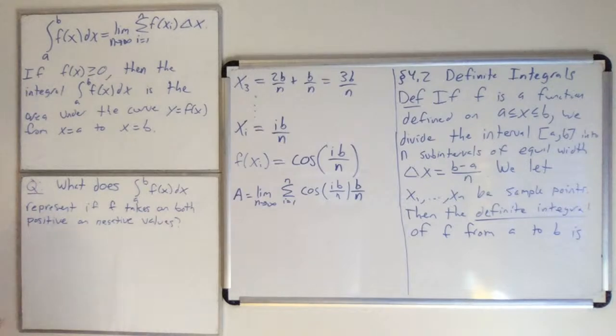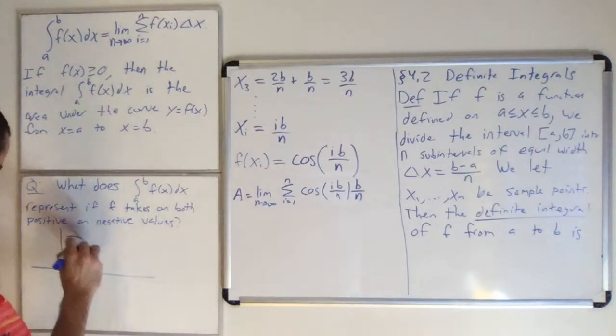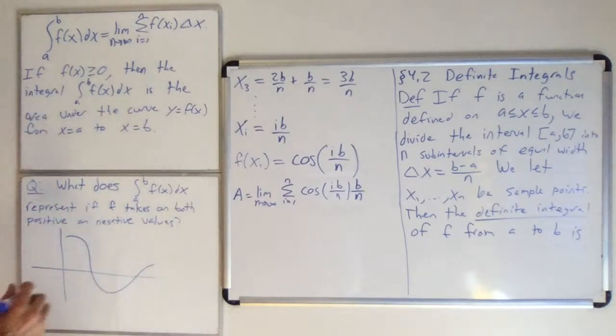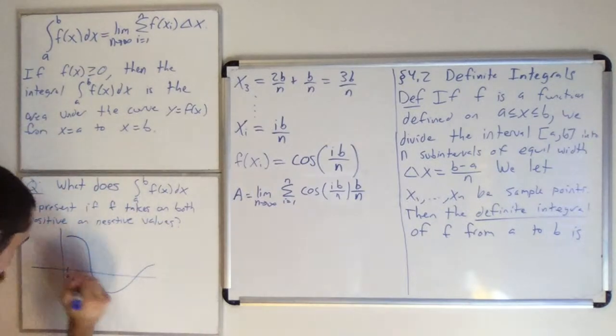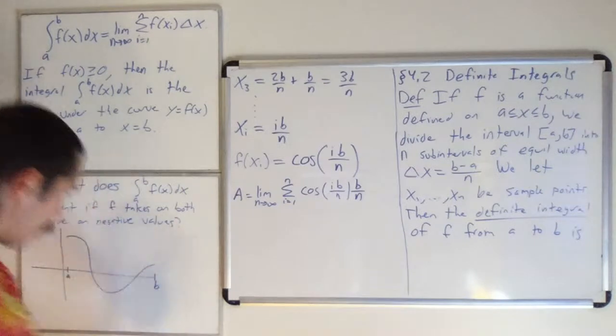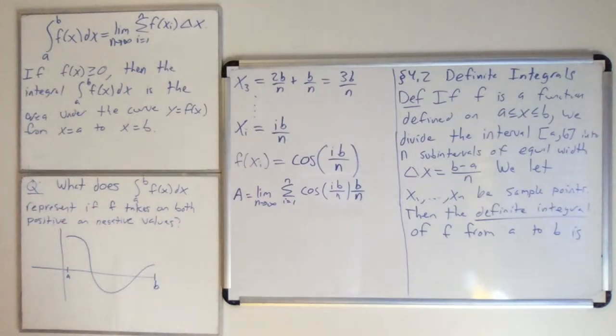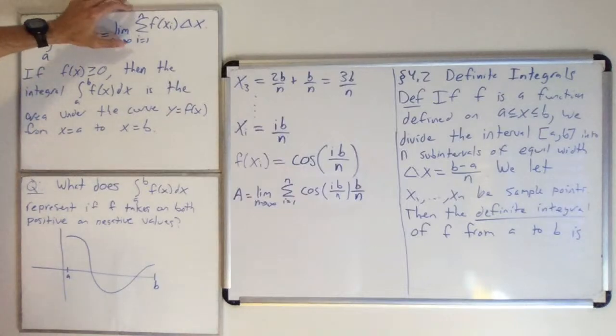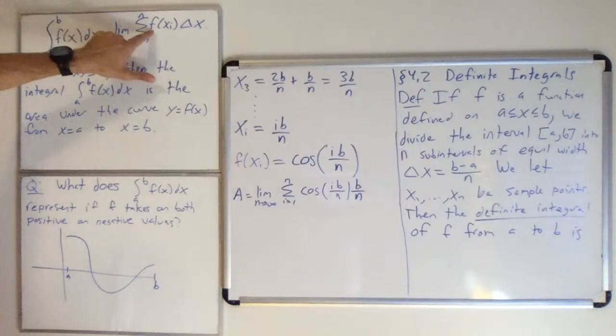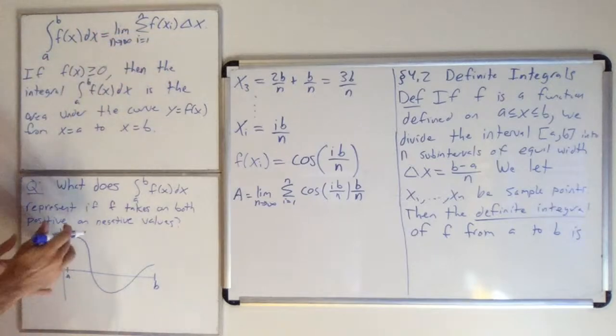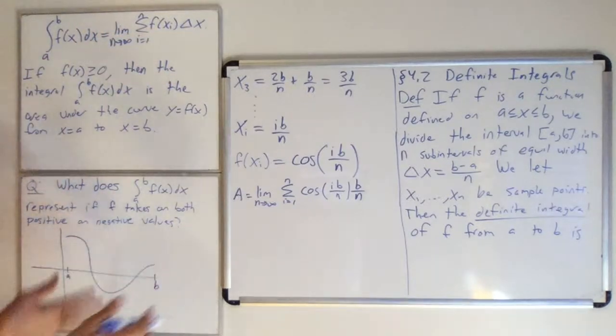Okay, so if we had a function like this and we wanted to evaluate this integral, again, we're going to be looking at f of x sub i. We'd take our region and break it up into a bunch of smaller regions.